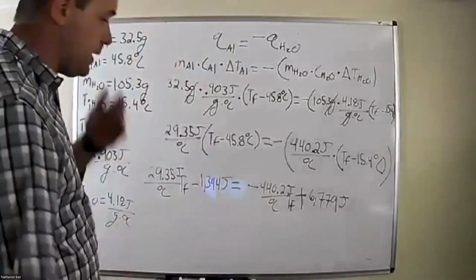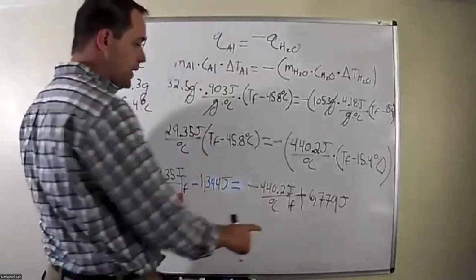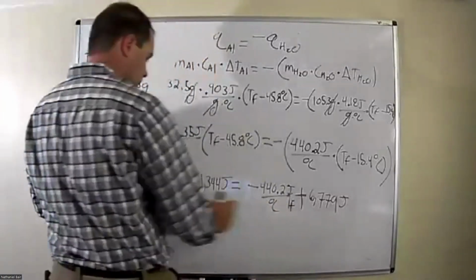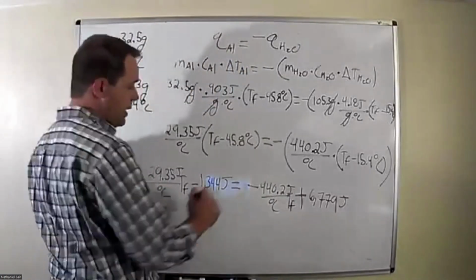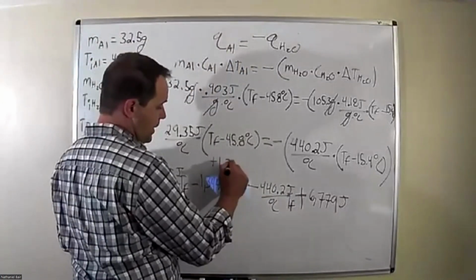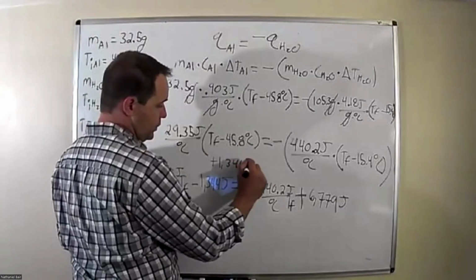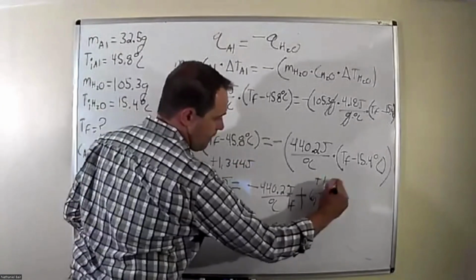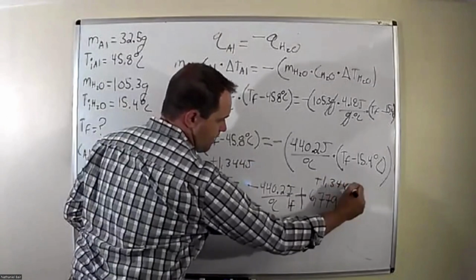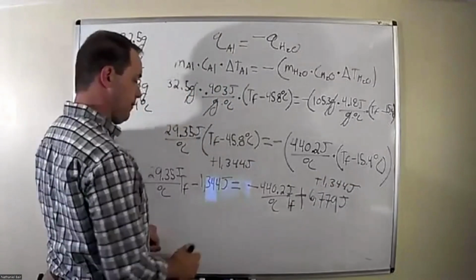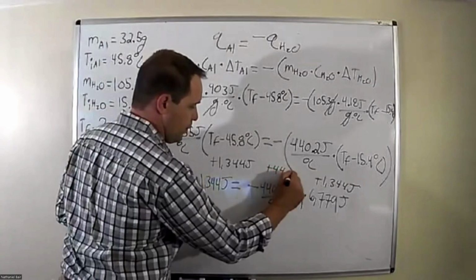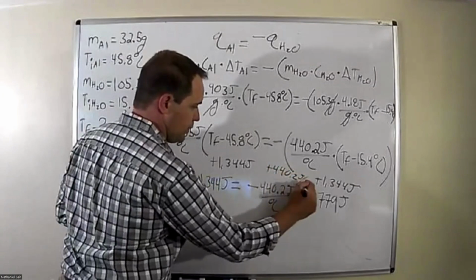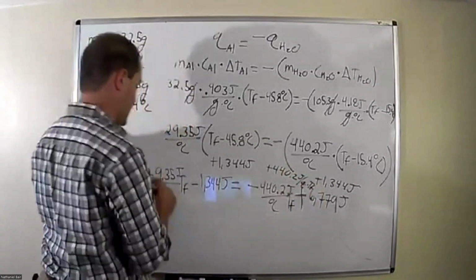Now I need to combine like terms. Okay, think of the TF like an X, right? So we need to get those all over and those all over. So I'm going to do two things here in one step. You ready? I'm going to add 1,344 joules to both sides. And I'm going to add 440.2 joules per degree C times TF to both sides.